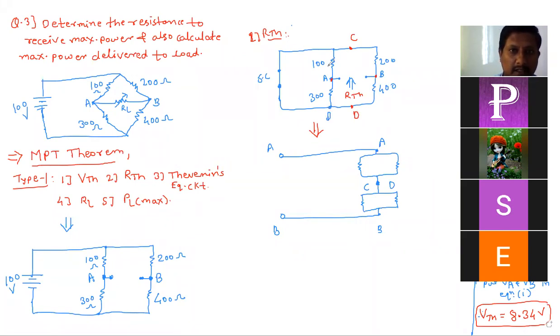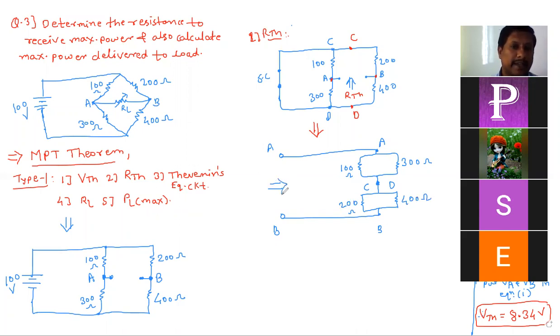Everywhere C and D are present. So between A and C which resistor is there? 100, you can mark. Between A and D, which one is there? 300. Between B and C, how much is there? 200. You have to do this properly. If there is a small mistake here, the answer goes wrong. B and D, 400.